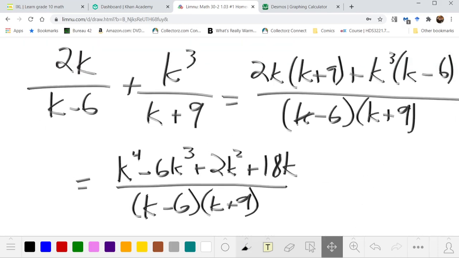So the question is, can we have any cancellations? Well, if we did, the k plus 9 would have to cancel from our term on the left and our term on the right. The k plus 9 would not cancel from the term on the right. Similarly, k minus 6 would not cancel from the term on the left. We have no cancellations here.